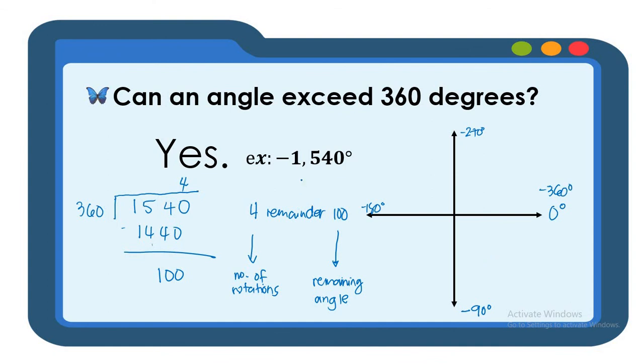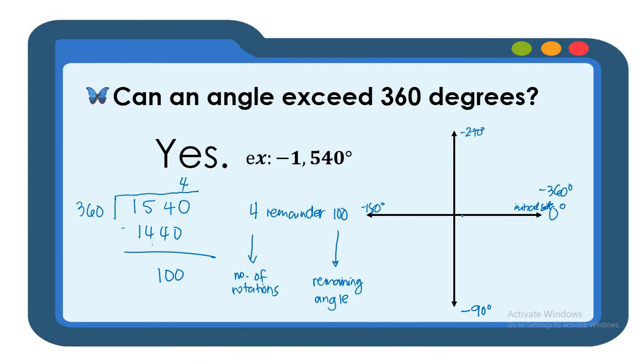Notice that when we divided 1540 by 360, the whole number we obtain is 4. And that whole number will pertain to the number of rotations. So we are going to have 4 revolutions starting from the initial side, which is here on the positive x-axis.